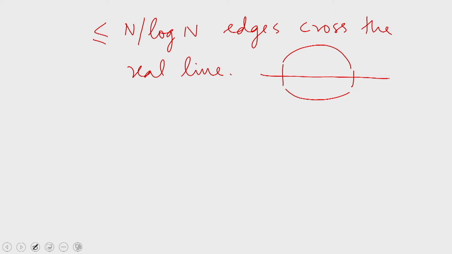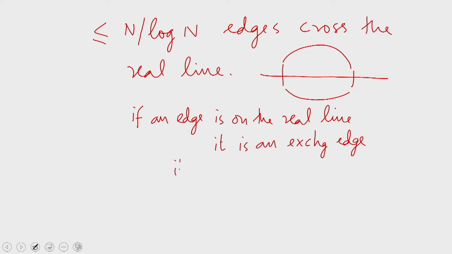And then, if an edge is on the real line, it is an exchange edge and its endpoints are on the real line. And we have already bound the number of nodes on the real line to be order of n by log n. Therefore, putting all this together, we can say that at most n by log n edges cross the real line or are on the real line.